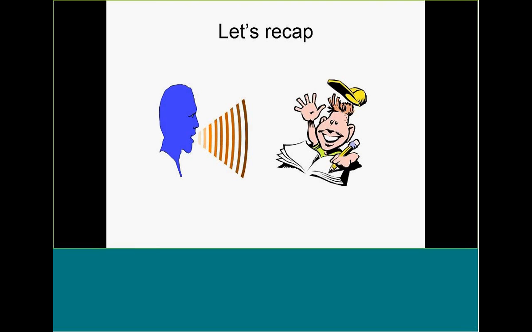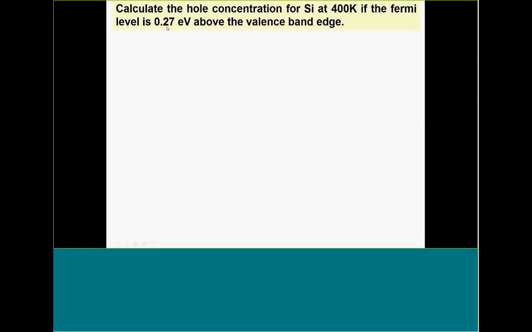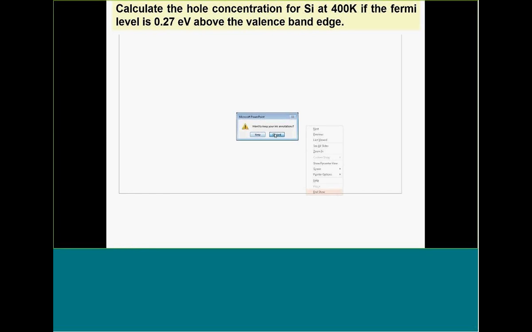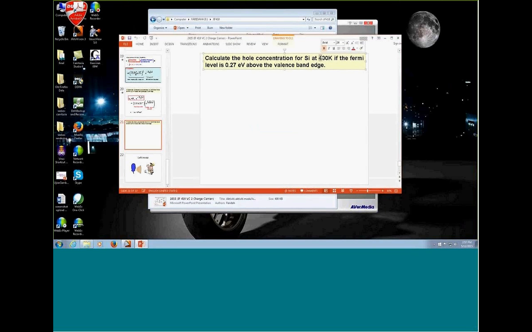But please go over to your portal. I have put there an assignment for you. Calculate the hole concentration for silicon at 400 K if the Fermi level is 0.27 eV above the valence band edge. Remember, I put here 400 K. Let me just change it to 300 K so that it's easier for you to calculate.